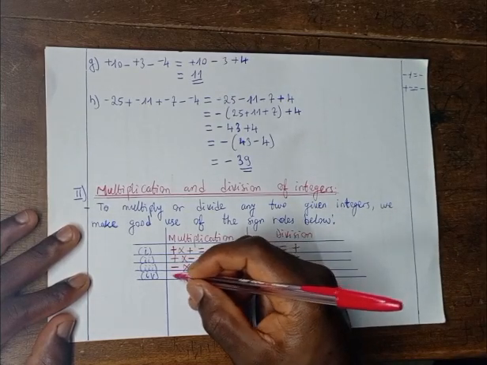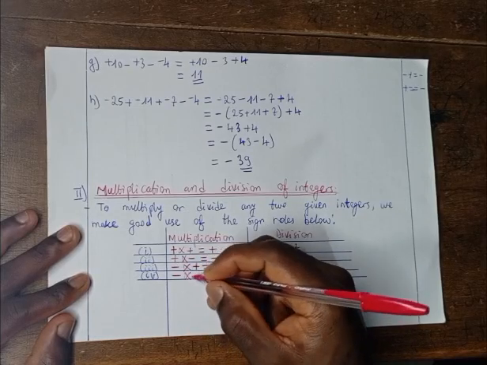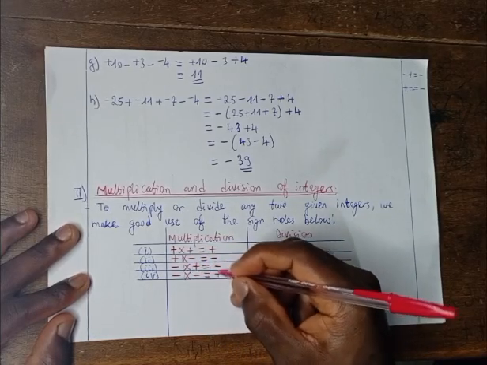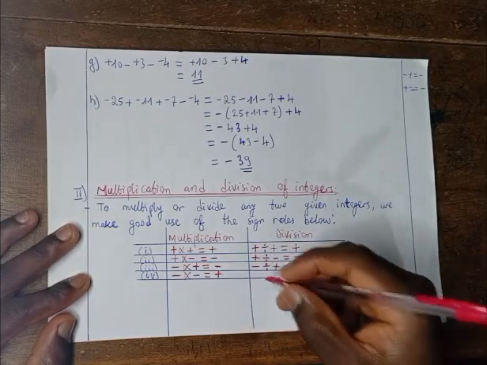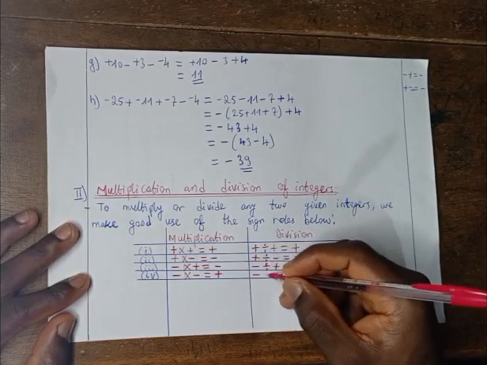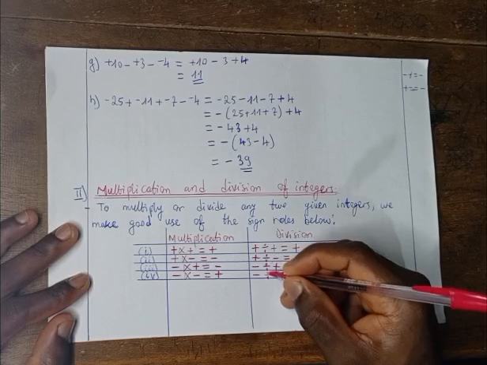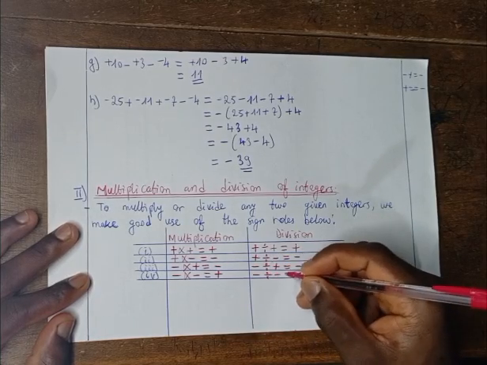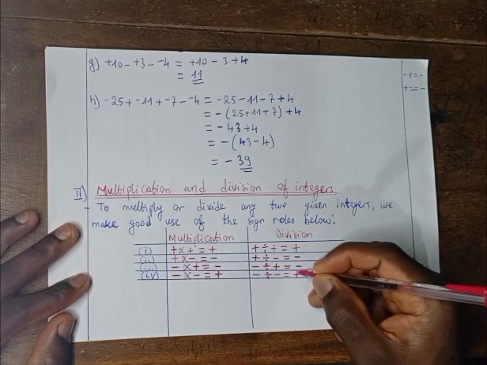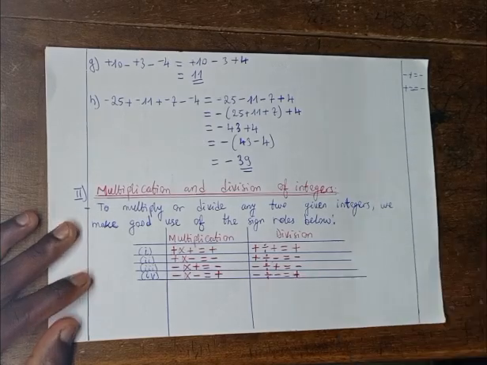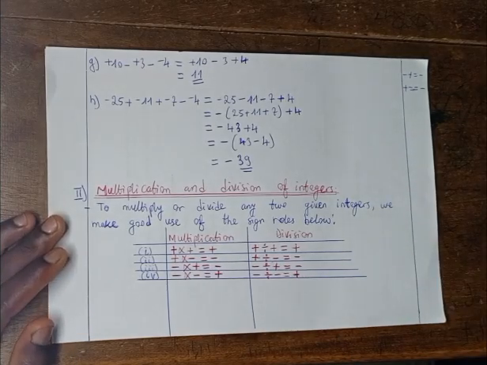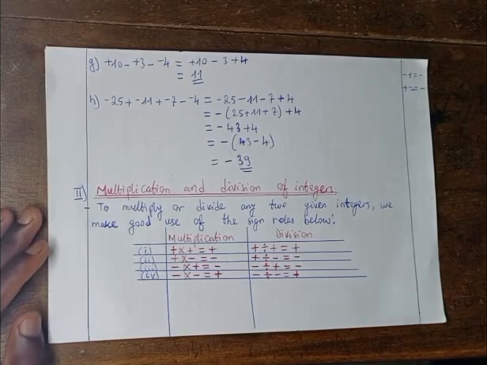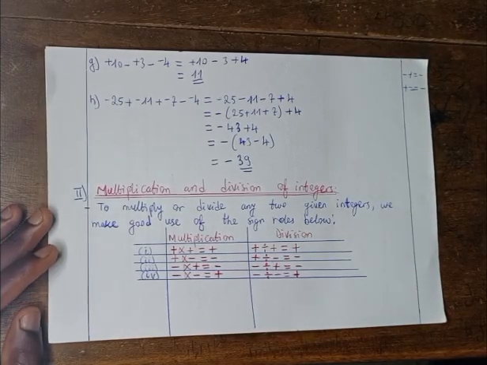If we are to multiply two negative numbers, the result will simply be positive. If we are to divide two negative numbers, the result will simply be positive. So you take note of the sign rules.